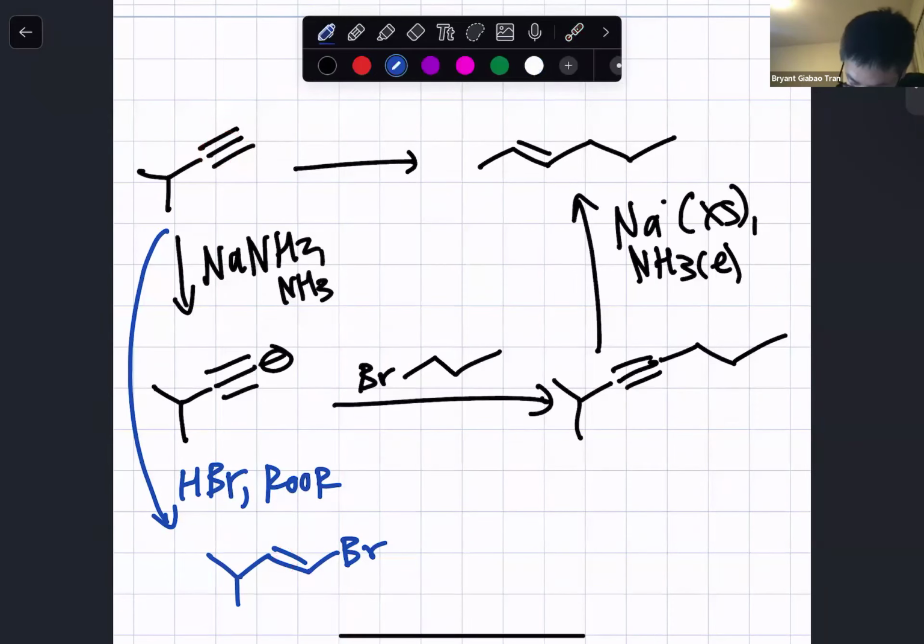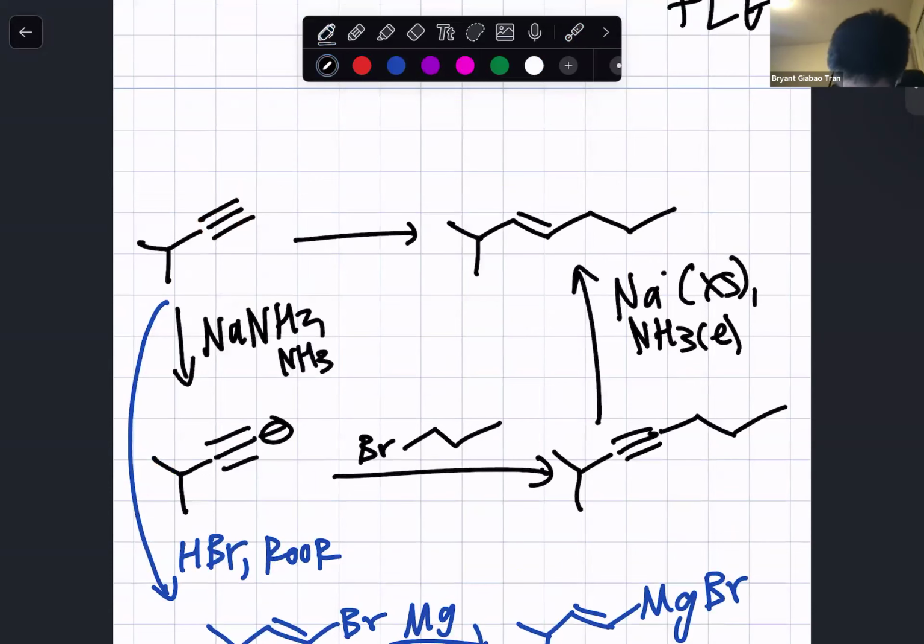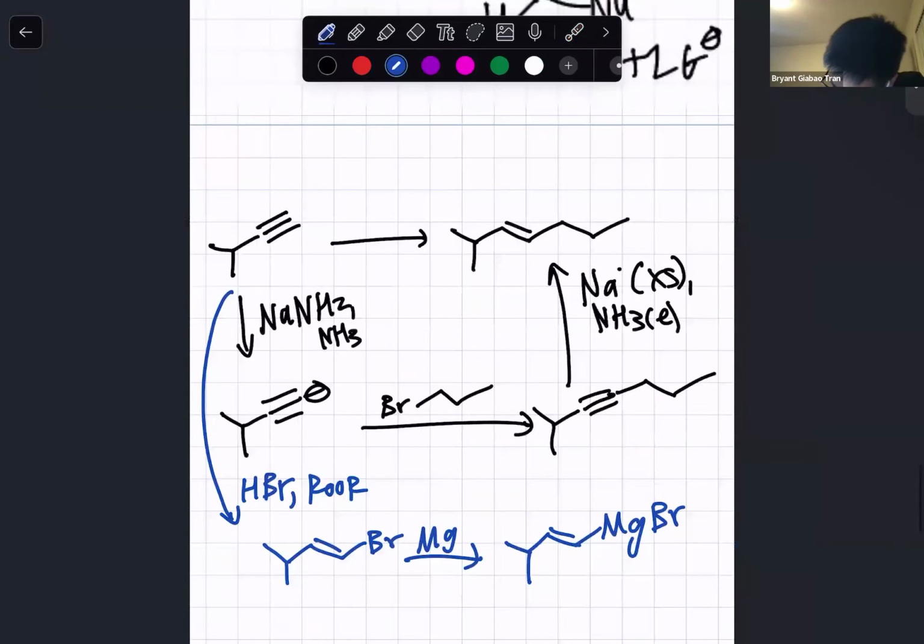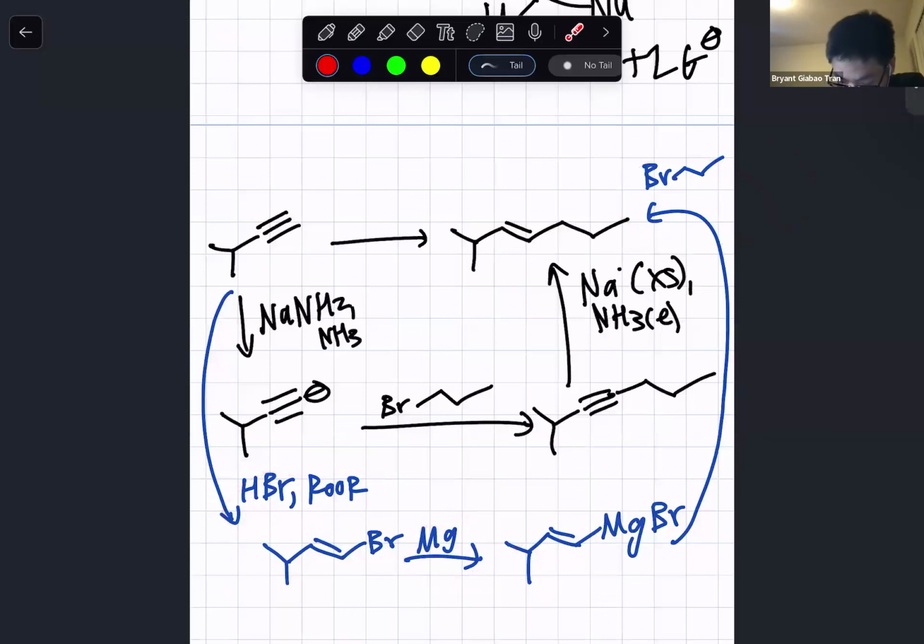And then from here, you go to here. So this is also 3 steps, but this way is the more common way because we don't want to deal with radicals.